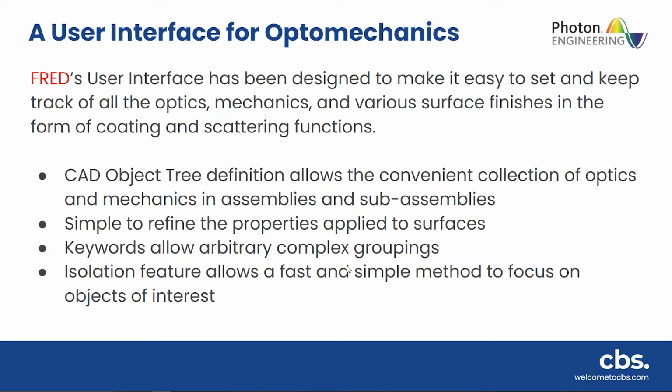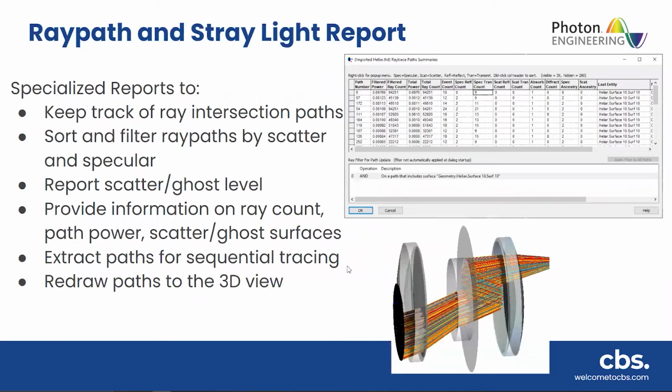Once the ray tracing is done, we also have some very nice tools to analyze what's happened within our optical simulation. So the Raypath and Straylight reports are specialized reports that help us to keep track of all of our rays, the intersection paths they took, the objects they hit, whether they were split, whether they were scattered. Essentially we can report on various different bits of data which are very interesting to us, and we can extract all of the information that we need.